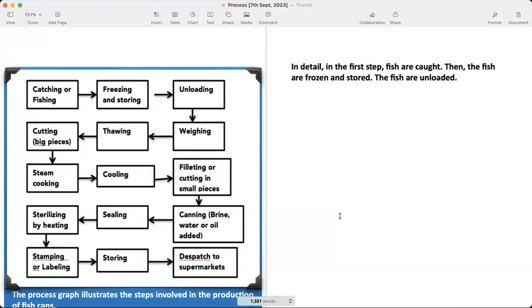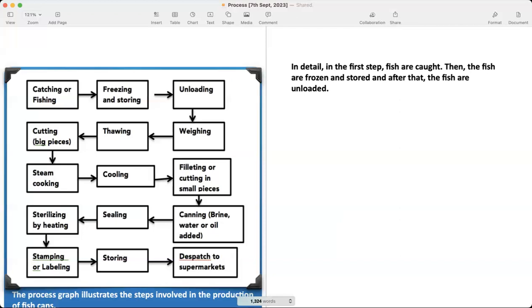After that, the fish are unloaded. Where are the fish unloaded? At the canning factory. That doesn't matter, we'll not write that because it's not given. Let's remove that. Now you understood it. That's how to make the sentence.